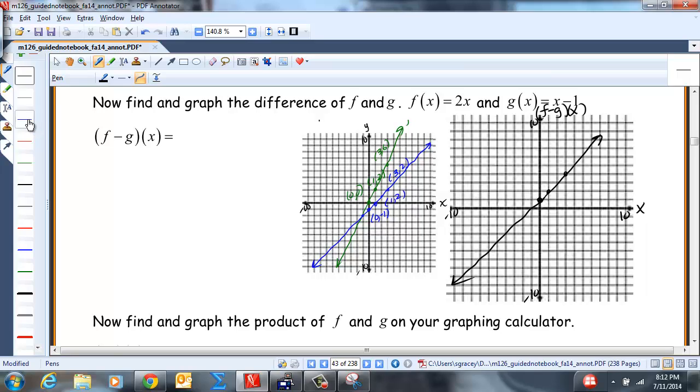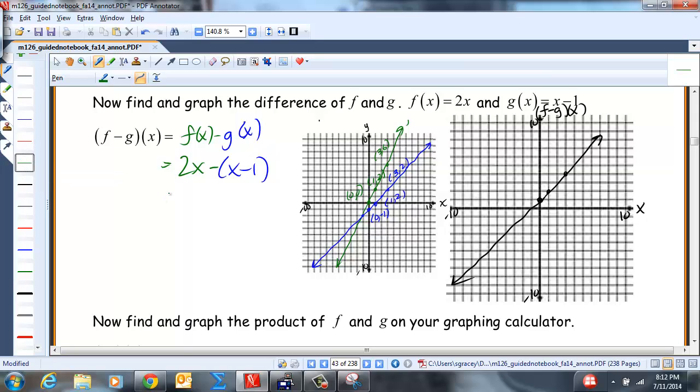And if you wrote this out, you'd have your f at x minus g at x. Do the g at x blue. So f at x was our 2x, and then g at x was our x minus 1.